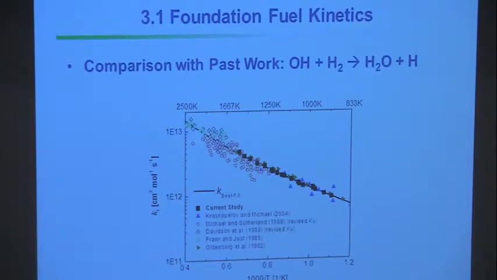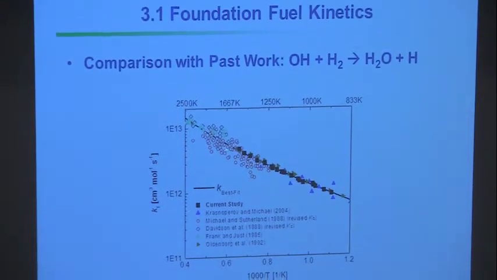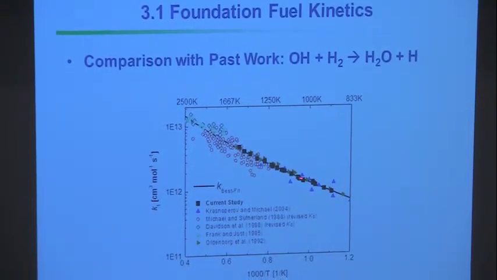We compare these measurements that I just told you about, in black, with past knowledge. What you see is, well, we get good agreement, pretty much agreement with what existed before, but with much reduced uncertainty. And so Professor Hai Wang wanted this because he has to assign uncertainties to every reaction to get his overall uncertainty in the flame speed calculation.